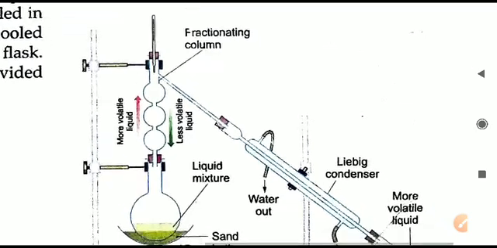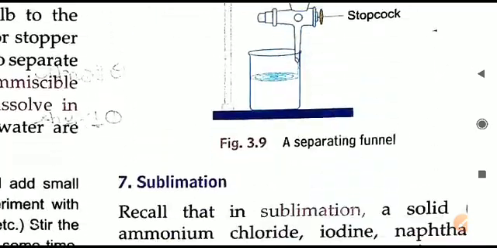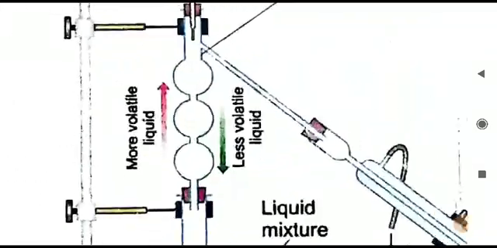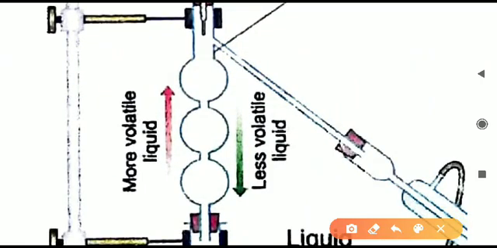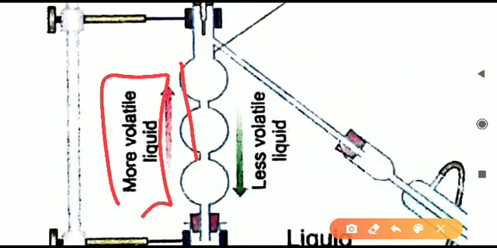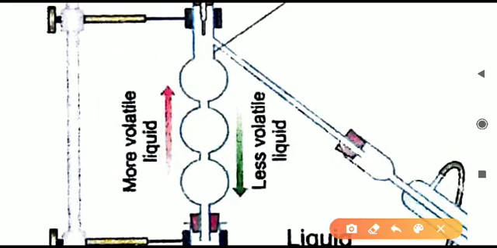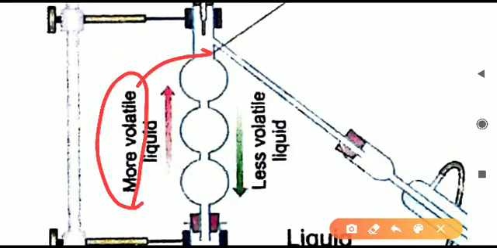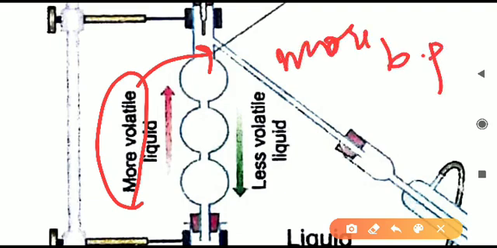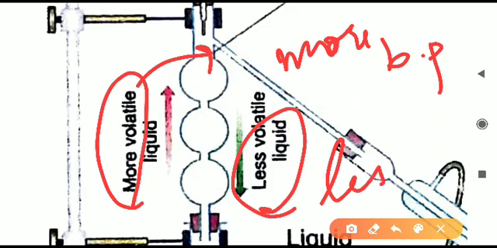So in this fractionating column you can notice here, the more volatile liquid will rise upwards and the less volatile liquid will separate downwards. What I am telling, more volatile means what? The substance which is having more boiling point, which boils at a high temperature, and less volatile means which is having less boiling point, which is easily boiling.